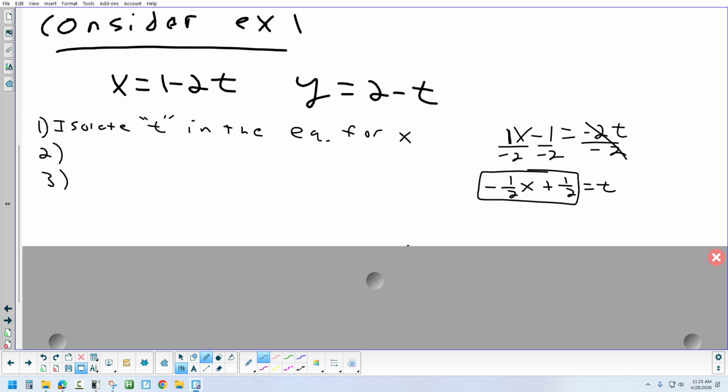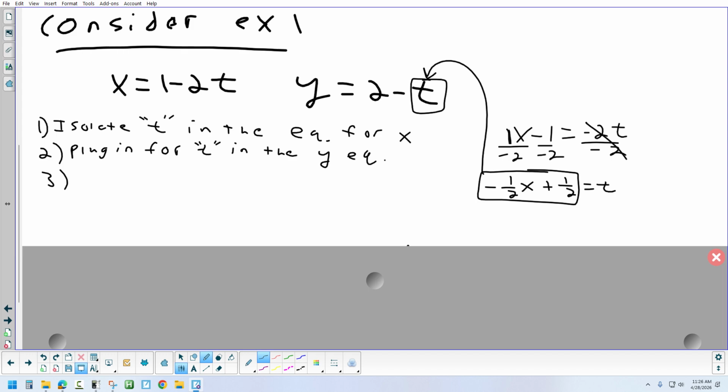What do you think we're going to do with that formula now? Yep. Plug it in where? We're going to take that and fill it in right there. So that's step 2. Now you're going to plug in for t in the y equation.